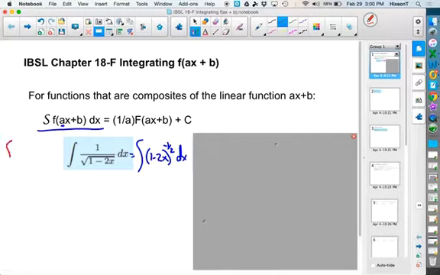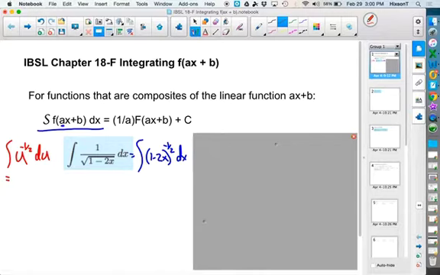Now let me step over here for a moment. If I just had some random thing to the negative 1/2 power, and I was integrating, what would that equal? Think through your power rule. What are we asking?